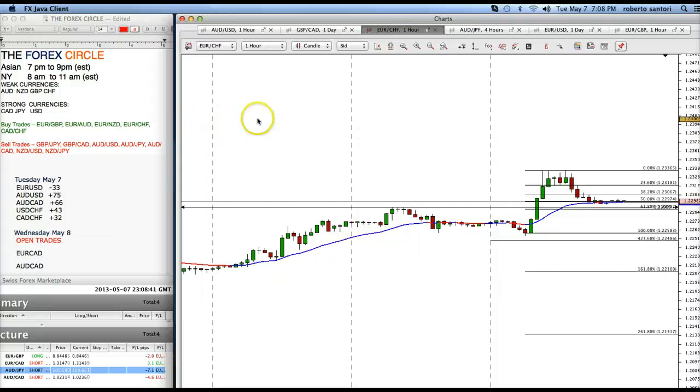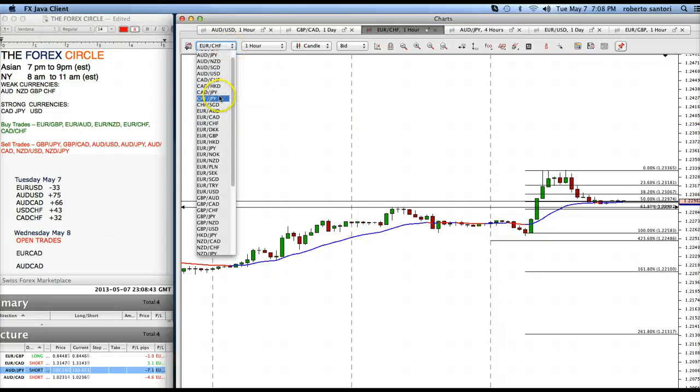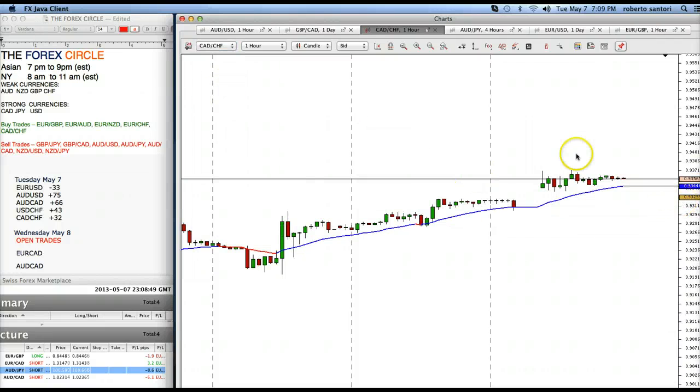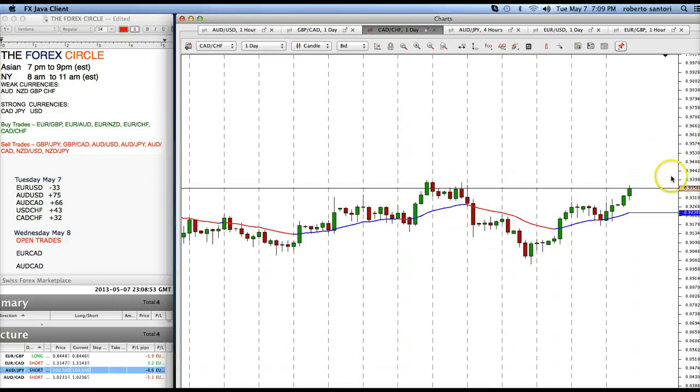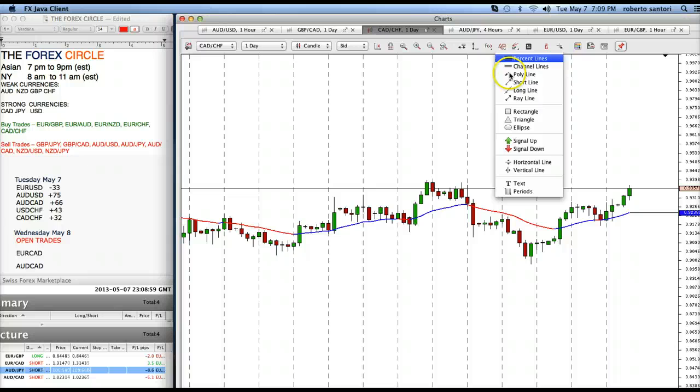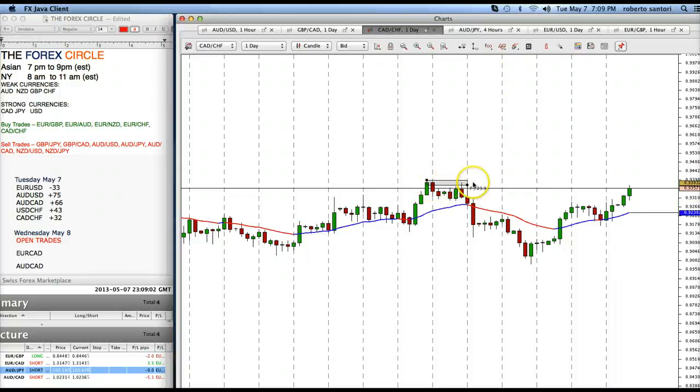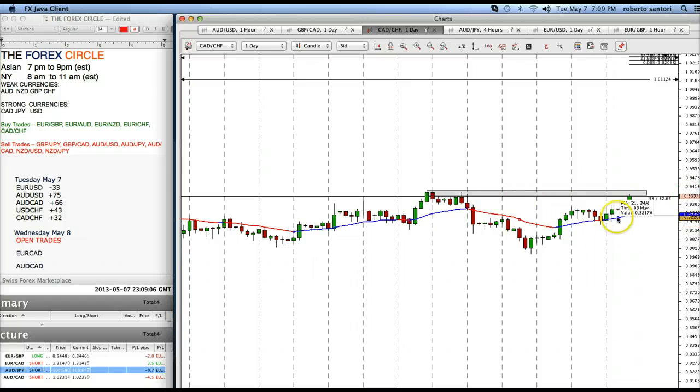And the last one is Canadian Swiss. The Canadian Swiss is hitting a strong resistance level, and I think it's stuck up at that weekly pivot point, which is, let's look at it on the daily chart, this level here. We're still in an uptrend, but I'm not sure if I even would want to take this trade, only because of this level up here, and it's been going up for quite some time.